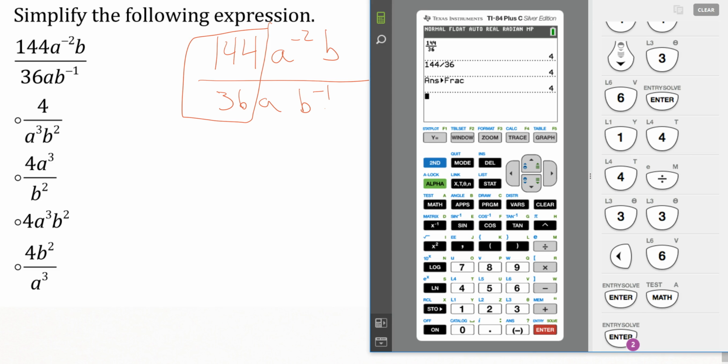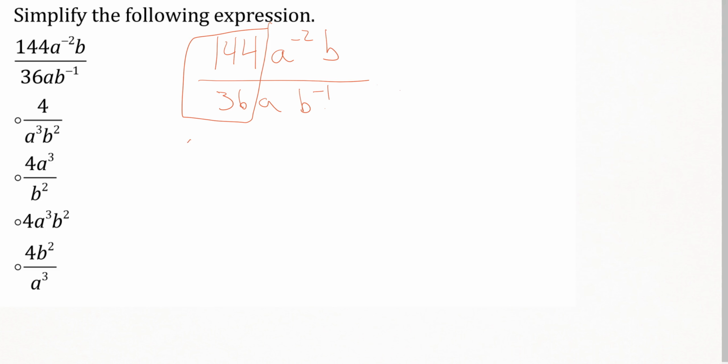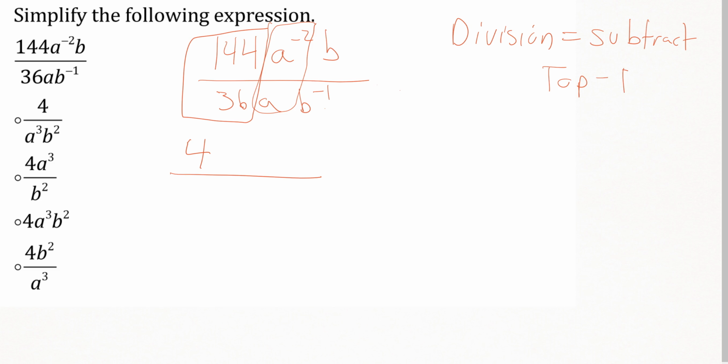So here we end up getting 4, which is going to stay on top right now. When we come over and start working with our A's, whenever we have division going on, division is always going to be a subtraction game. When we subtract, we're always going to want to subtract the top exponent minus the bottom exponent.